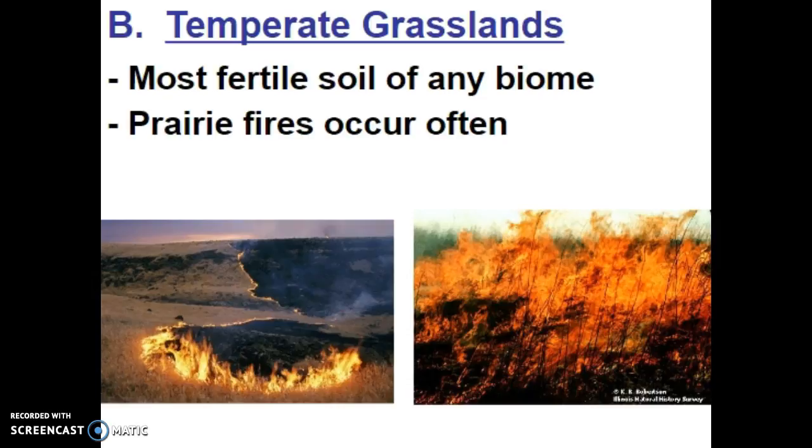They have the most fertile soil of any biome, which is why in recent human development we have taken out the grasslands and replaced them with farmland for agriculture. Natural prairie fires occur very often, due either to heat lightning strikes when the weather is very dry, or to lightning strikes before a thunderstorm.